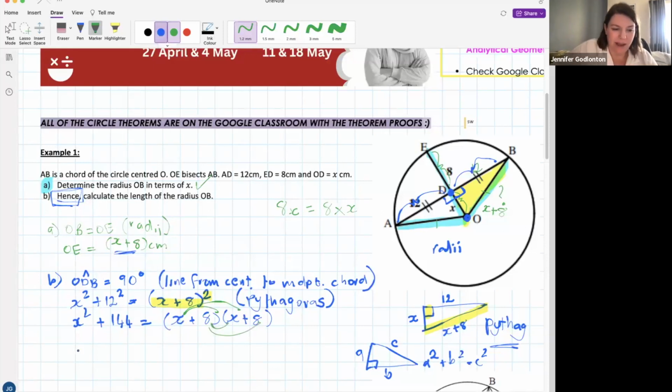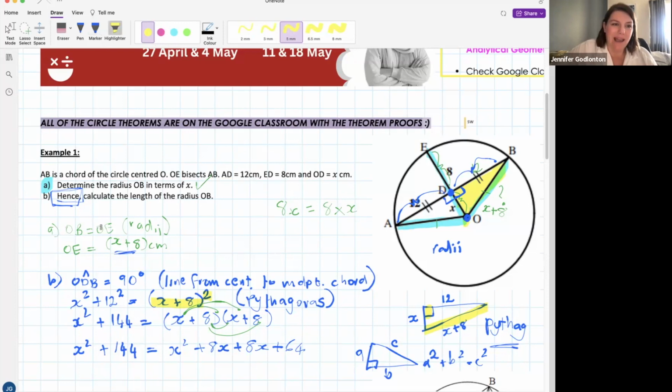So we're going to have x squared plus 144 on the left-hand side. And then we're going to have x squared plus 8x plus 8x plus 64. Okay. My x squareds are going to cancel with each other because I have one on each side, which is great.